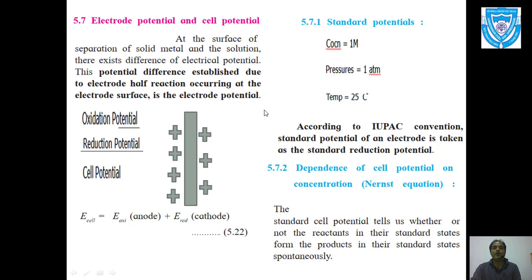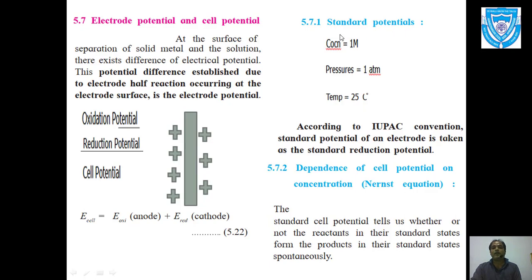For example, when we measure the electrode potential when the concentration is 1 molar, pressure is 1 atmosphere and temperature is 25 degrees Celsius. At these conditions, when we measure electrode potential, that is called standard electrode potential.